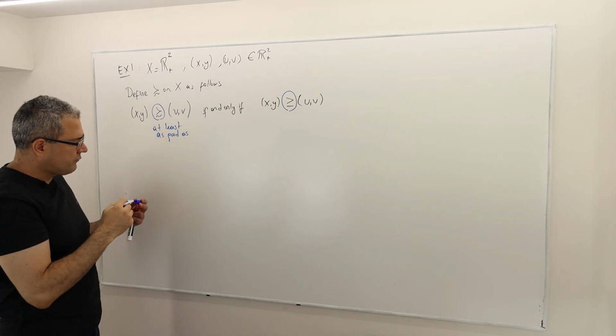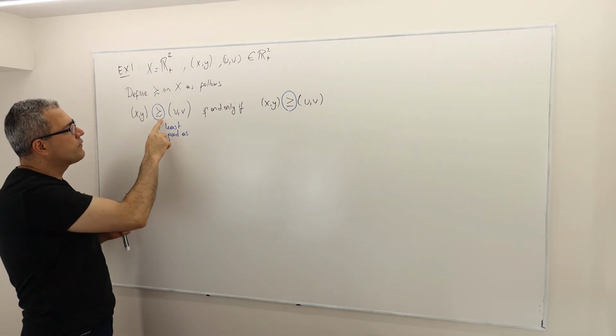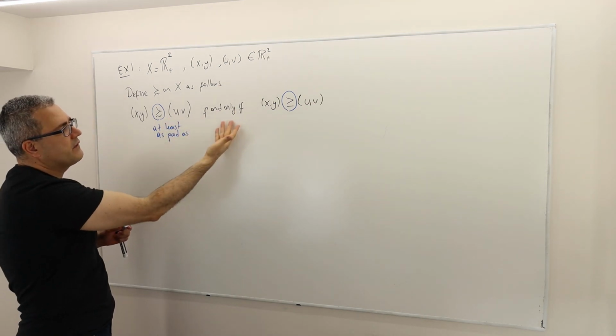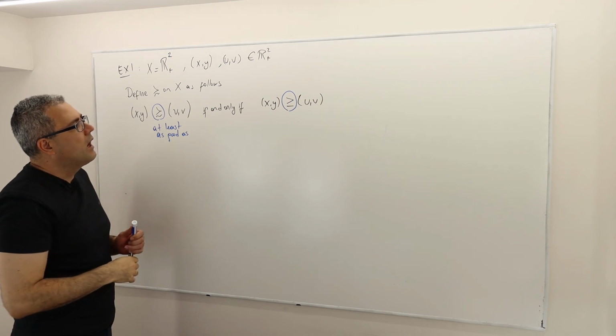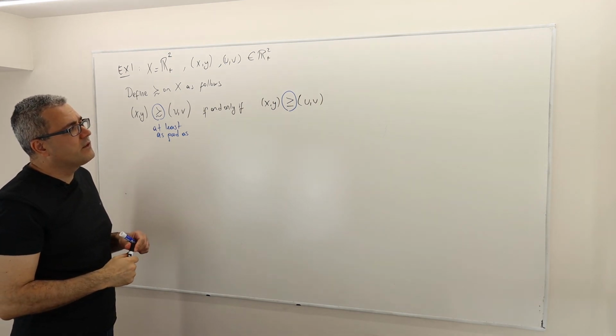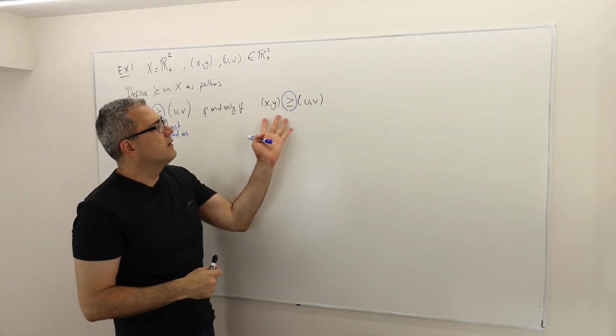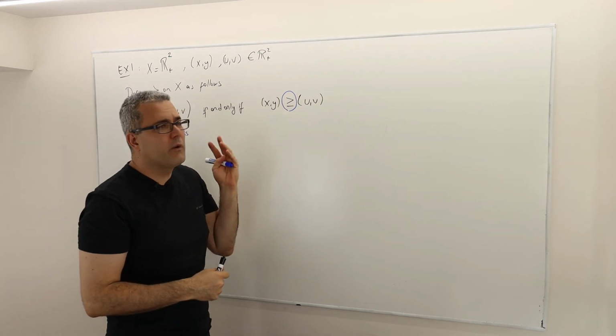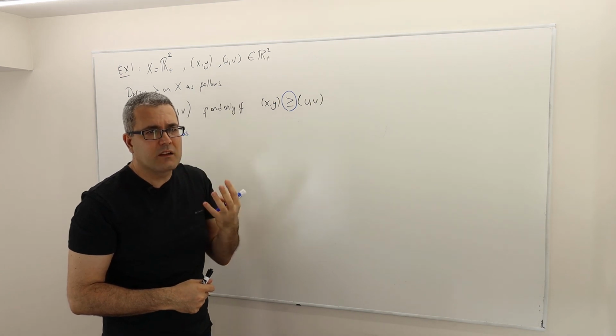Here, however, it's related: greater than or equal to and "at least as good as" are equivalent in this example. Let's remember what it means for a vector to be greater than or equal to another vector.